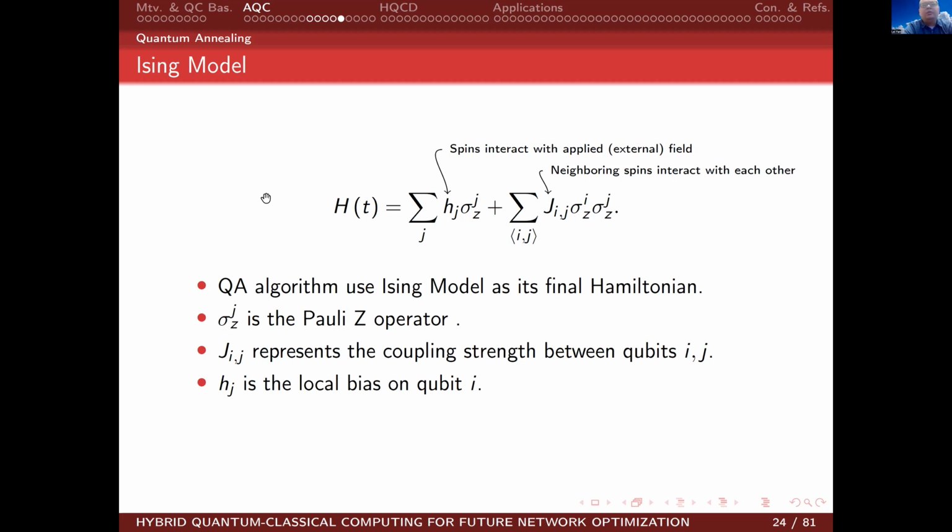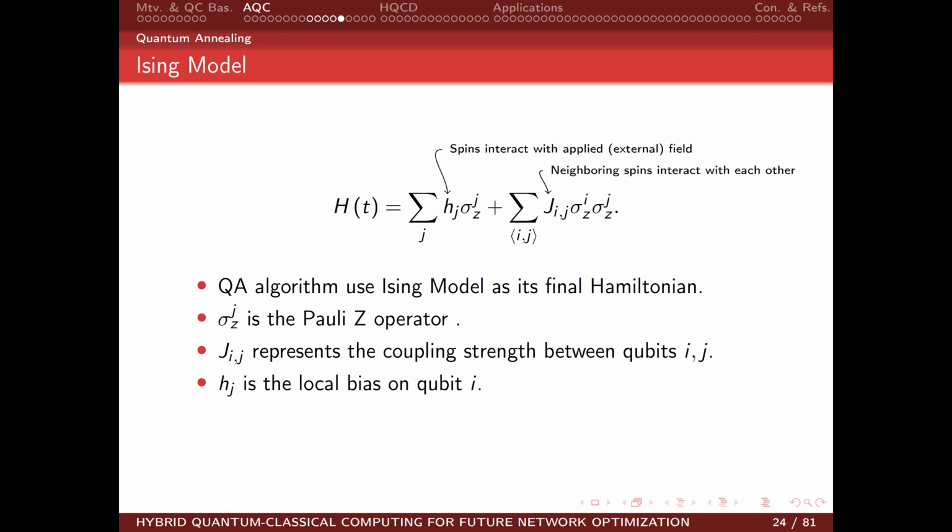In order to use the quantum adiabatic algorithm, this quantum annealing algorithm, as I said, one important thing is that we need to design the Hamiltonian. For this quantum annealing algorithm, we use the Ising model to represent this Hamiltonian.